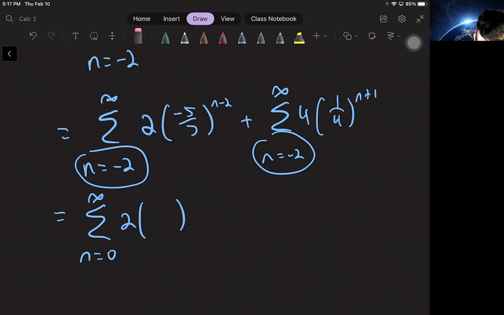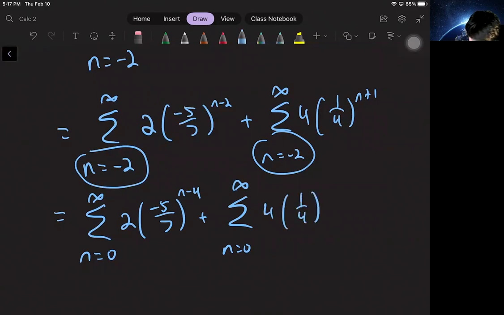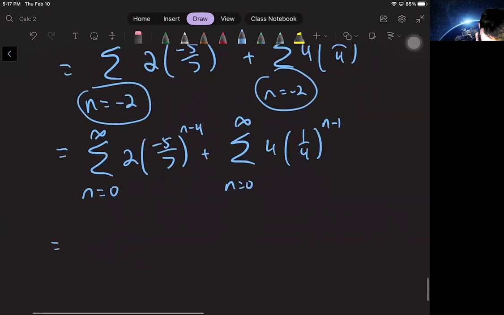Which means I'll need to subtract 2 from the variable that's changing. So this will become n minus 4. And then this one, same thing. I need to subtract 2. So this will become n minus 2 plus 1, which is n minus 1. And then I have to take out the extra constants.